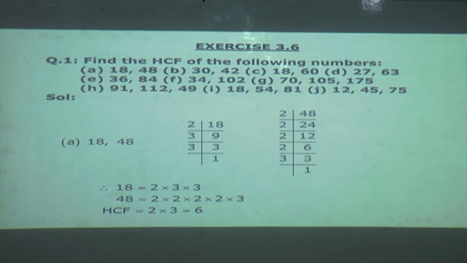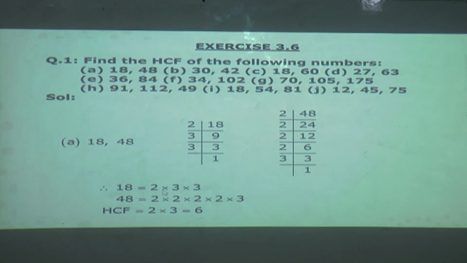We have 3 now. 3 is a prime number itself, so 3 1s are 3. So we got the prime factors of 48 as 2 into 2 into 2 into 2 into 3.